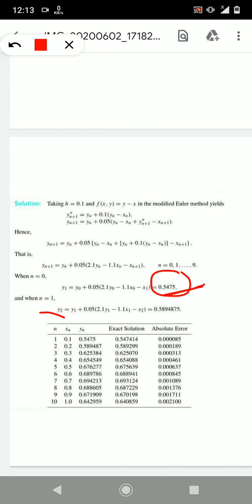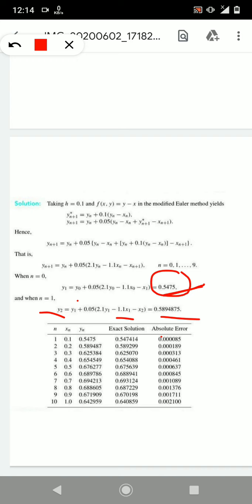Second approximation, put n equal to 1: y2 is equal to y1 plus 0.05 times (2.1 y1 minus 1.1 x1 minus x2), and in the same manner we can find y2 by substituting function values.